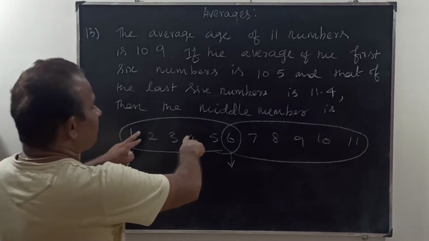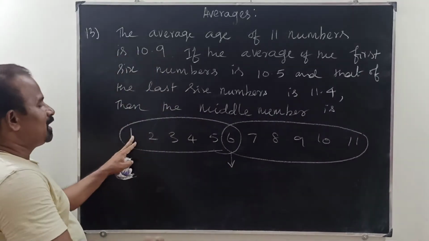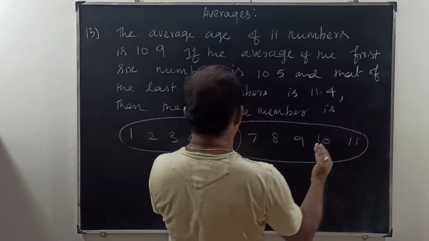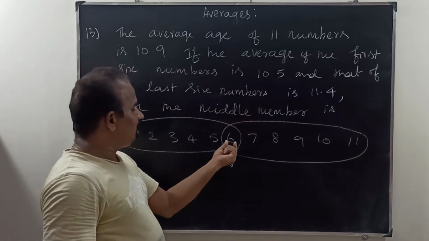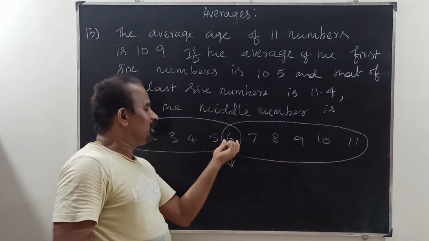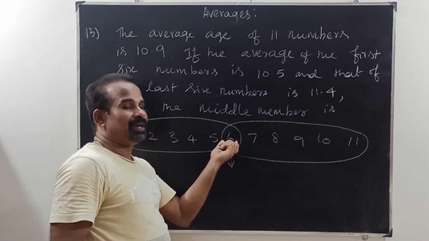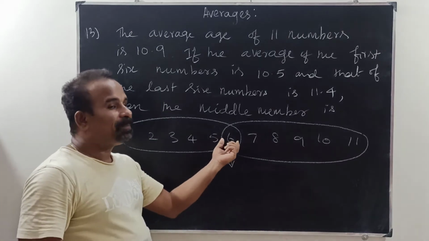Here we know the total sum, the sum of the first 6 numbers, and the sum of the other 6 numbers. One number, the sixth, the middle number, is repeated. Why is it repeated?